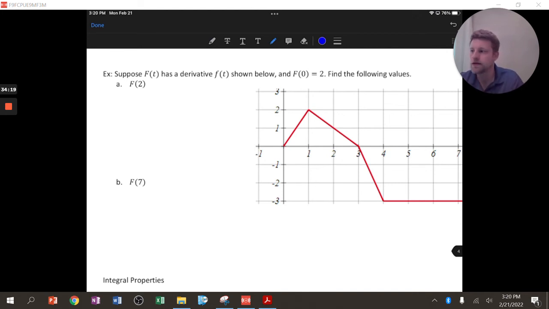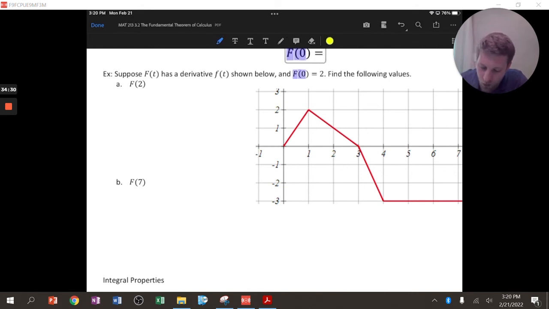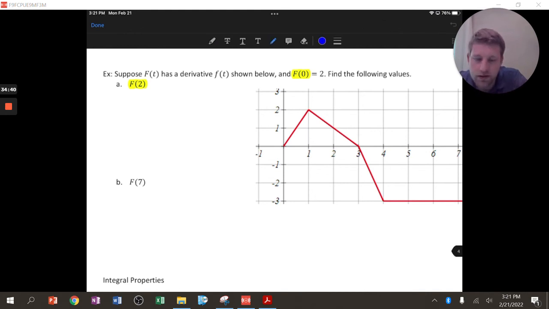So let's consider how we would consider capital F of 2 and relating that to the known information of capital F of 0. So if I wanted to consider what expression we could put together to take what is known and find the unknown, well, a way I can actually express these two antiderivatives is with an integral.